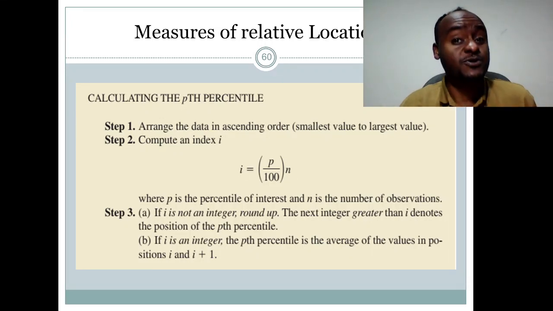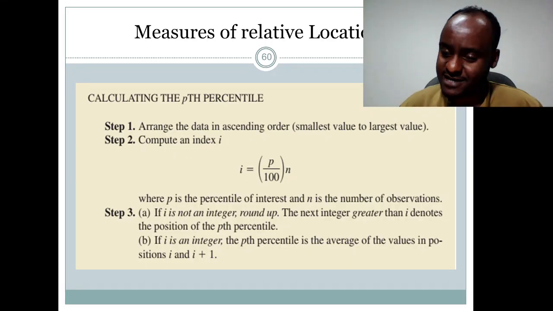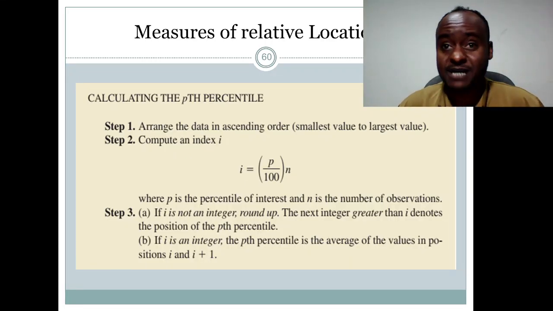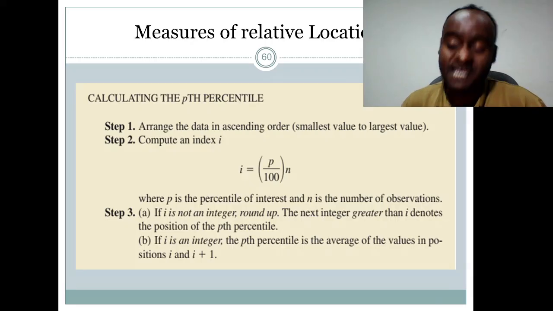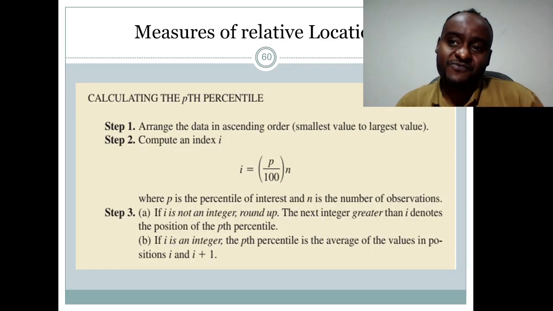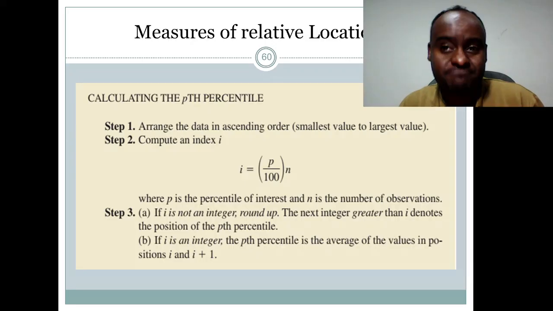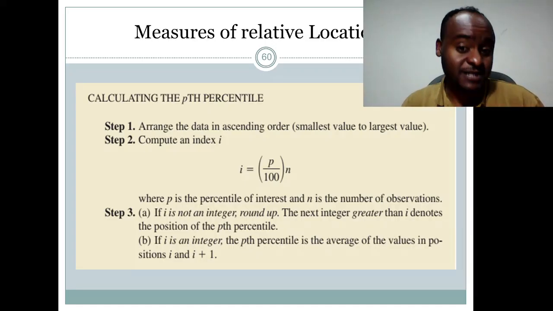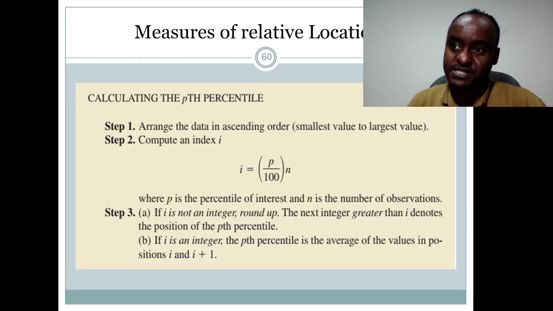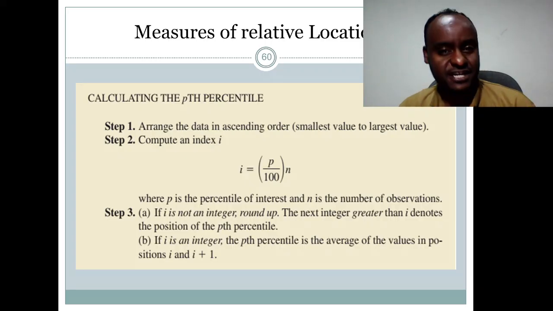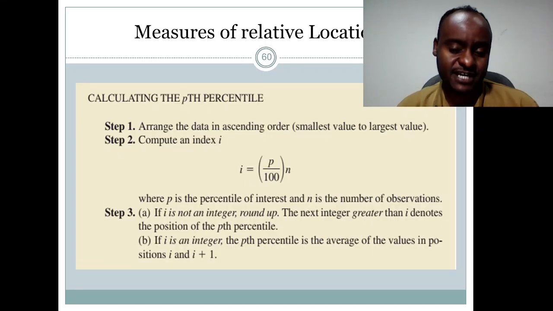Whether you use some kind of tool like an Excel sheet or whatever tools you have, or do it by hand, if the number of data points is few you can do it by hand. Otherwise, you need tools that can help you. So the first task is ordering them in ascending order.